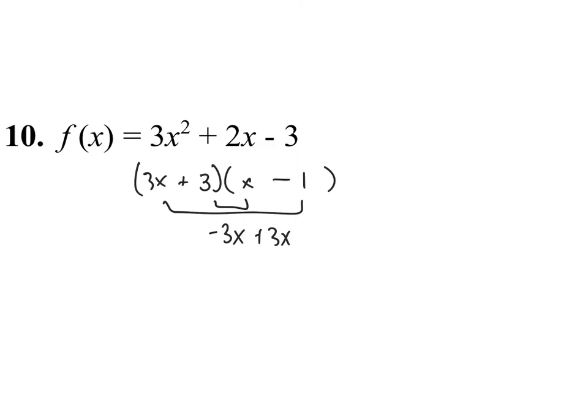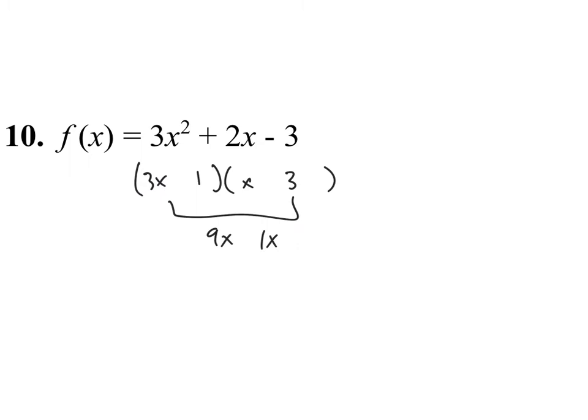That doesn't work. Or if we switch them around, if we did minus 3 plus 1, it's the same problem. That's not going to work. But then if I switched the numbers around, it's still not going to work, because we'd have 9x and 1x, and that's not going to give us 2x.